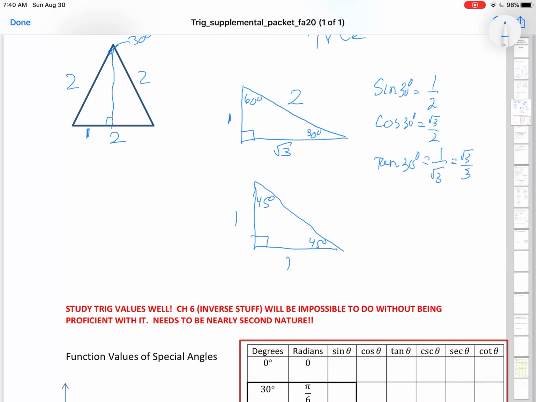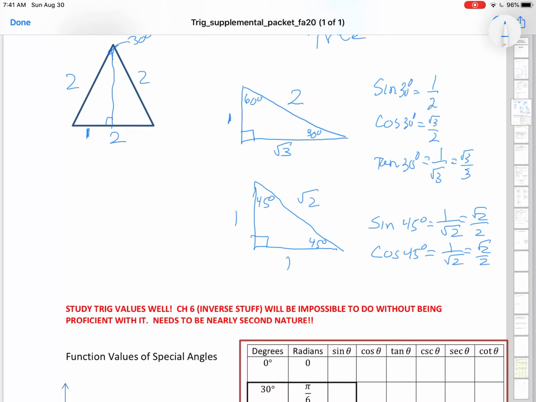That would be a 1, and a root 2 in there. So the sine of 45 degrees is opposite over hypotenuse. And they'll always rationalize the denominator. Cosine of 45 degrees, adjacent over hypotenuse, which is also root 2 over 2.